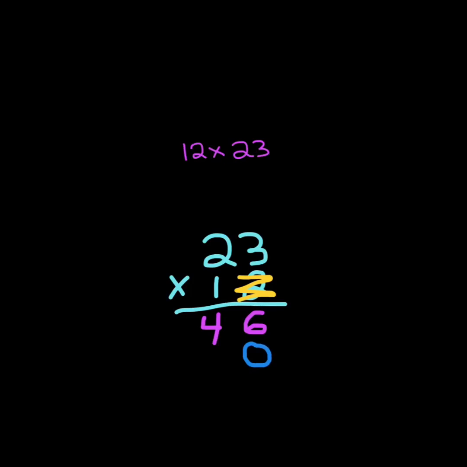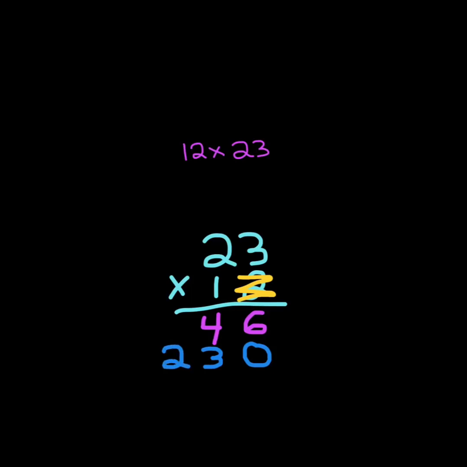And I've also moved on to the tens place value. So now that I have that done, I go 1 times 3. And with 1 times 3, the answer is 3. And then I move on to my next number, which is 1 times 2. And 1 times 2 is 2.